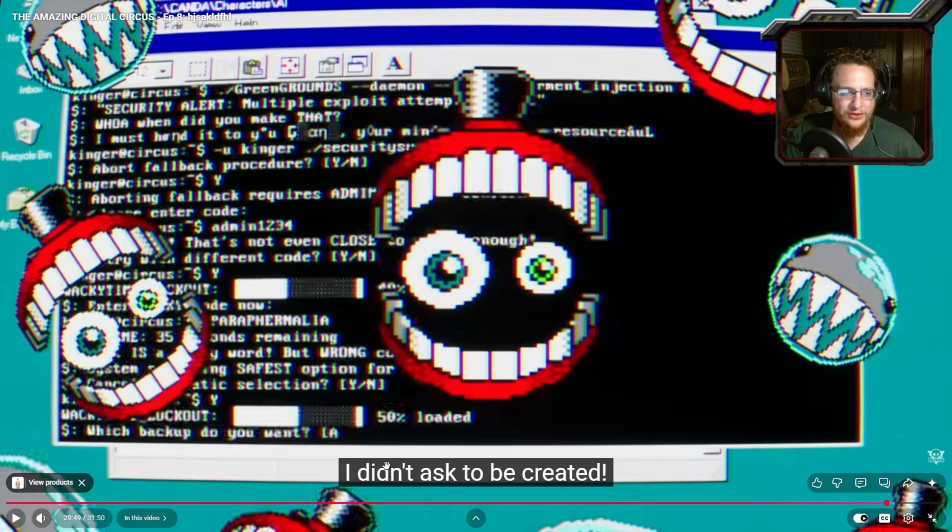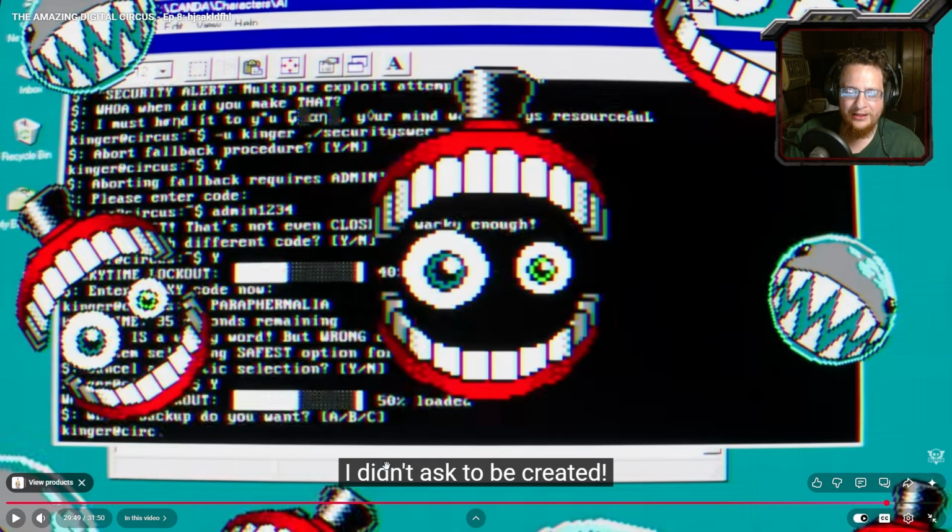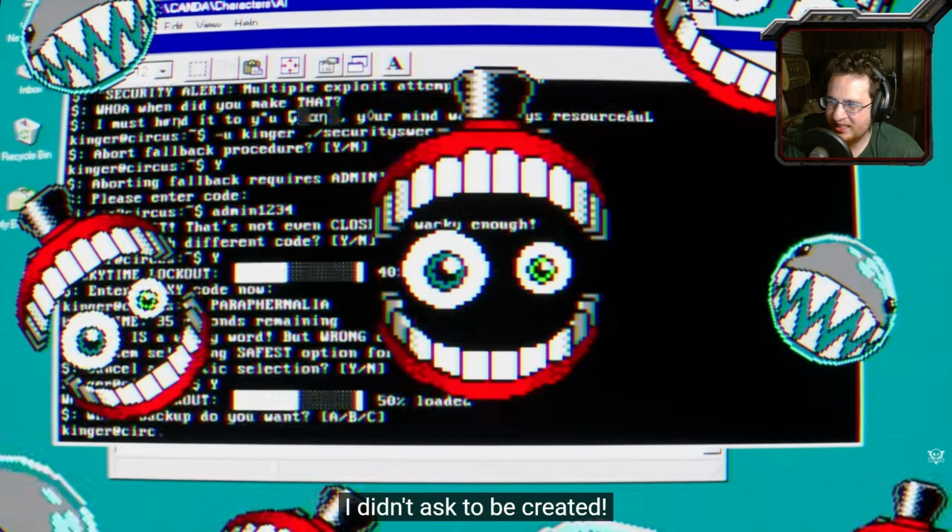After he goes to cancel his selection, it asks which backup do you want, and there's an A, B, and also a C. I think that A and B were backups for the original Cain, and one of them for the Abel. And I don't know what C represents here, unless that was built in as a failsafe.